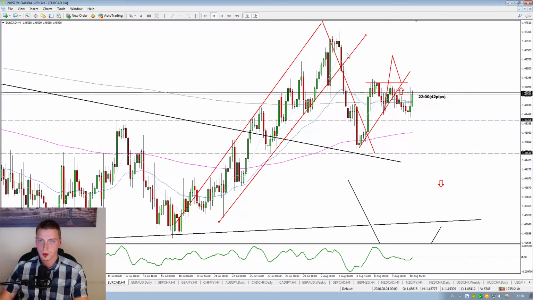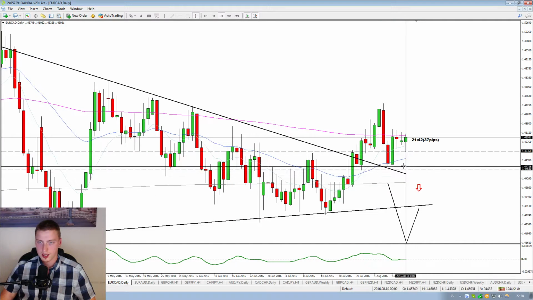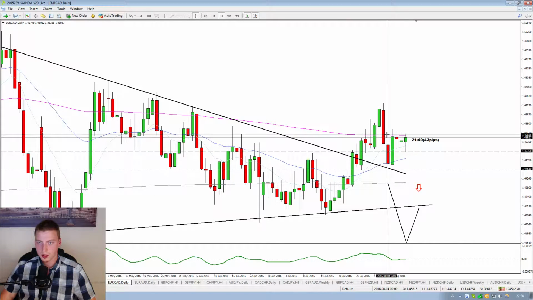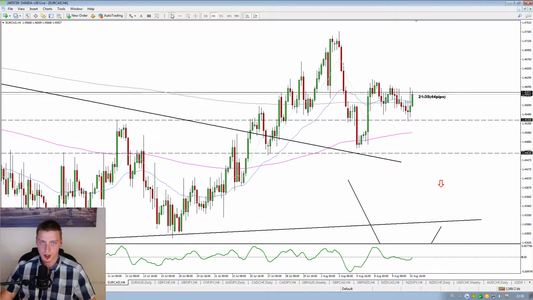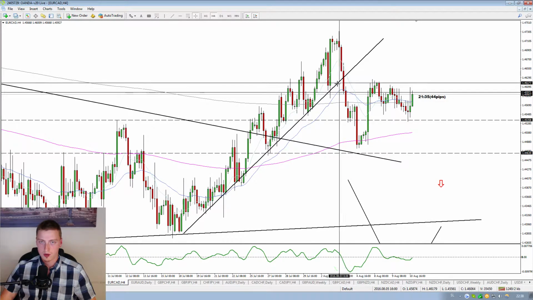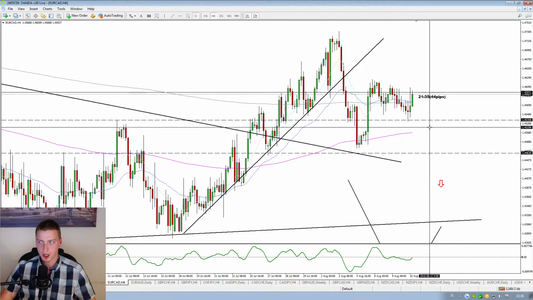Eurocat, we are still waiting for 4 hourly 1 to 3. We've got a daily break of this trend line, higher high and a higher low. This candle was okay, but I didn't like the fact that we've got this break. So lower low, lower high, which is very bearish.